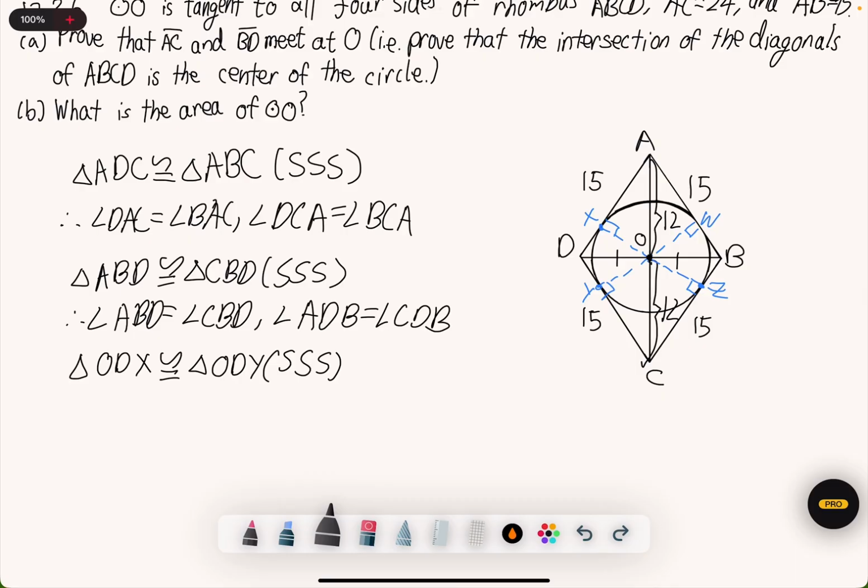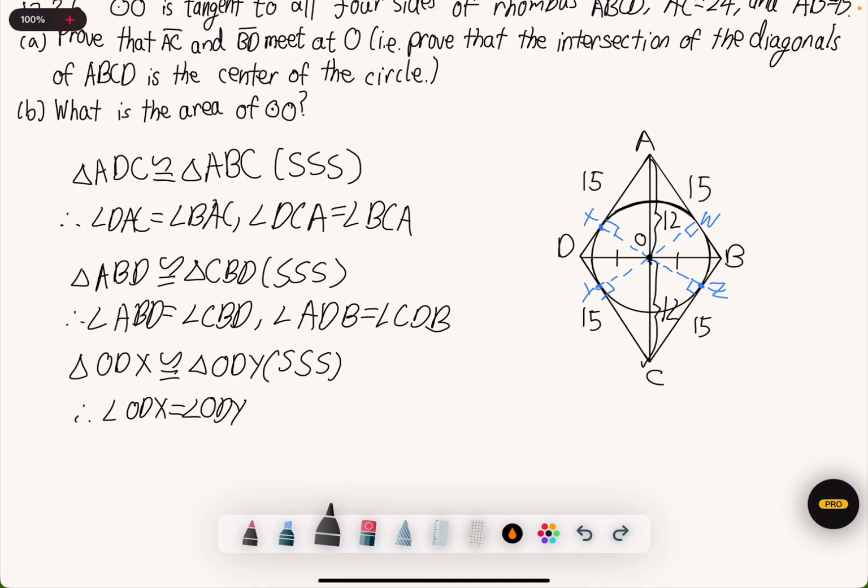So what does this tell us then? This tells us that angle ODX equals angle ODY, which means that OD is an angle bisector of ADC. So O is on the angle bisector of ADC. Well, what else is on the angle bisector of ADC?